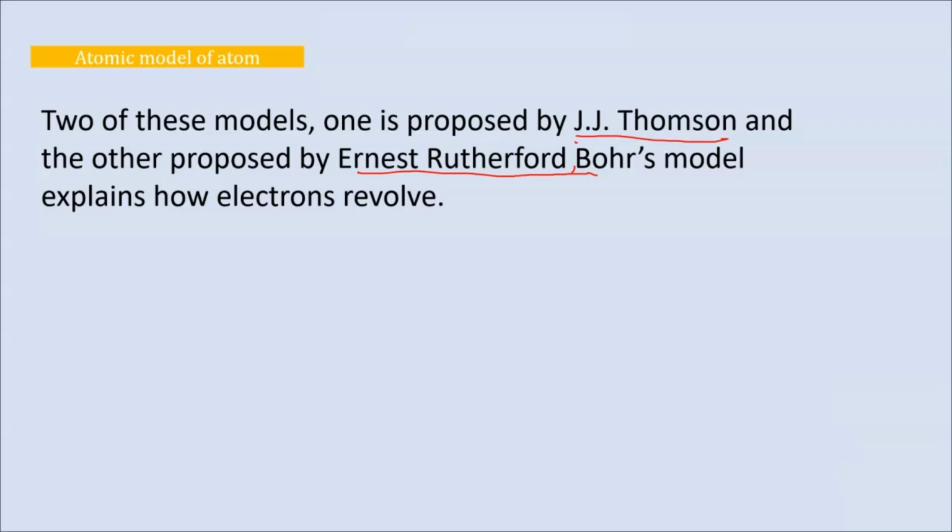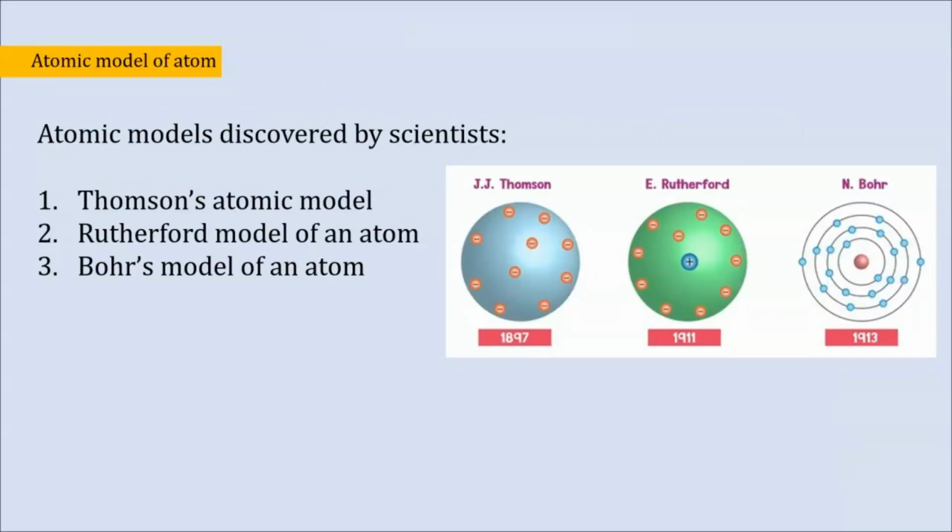What are the atomic models? First is the Thomson model of atom, discovered by Thomson; next is the Rutherford model of atom, by Rutherford; and Bohr's model of atom, explained by Bohr.